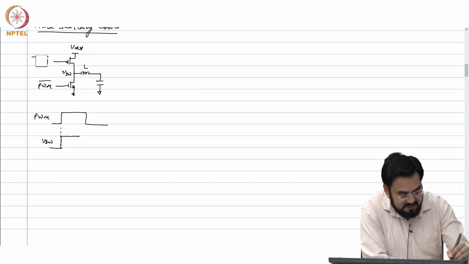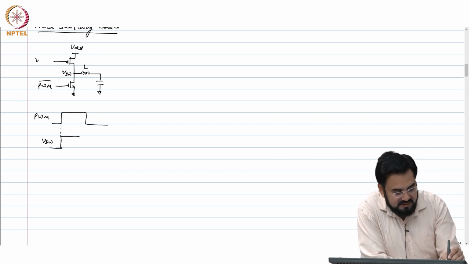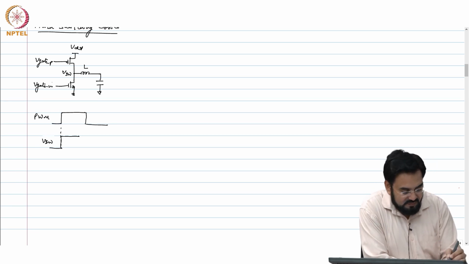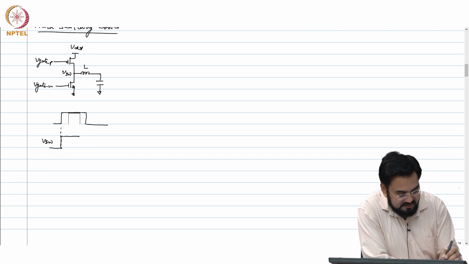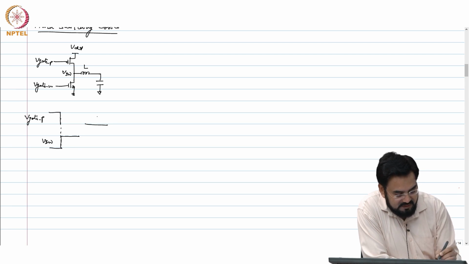Or let me write it V gate, because I want to show V gate N. So, let us call it V gate. So, this will go low here.